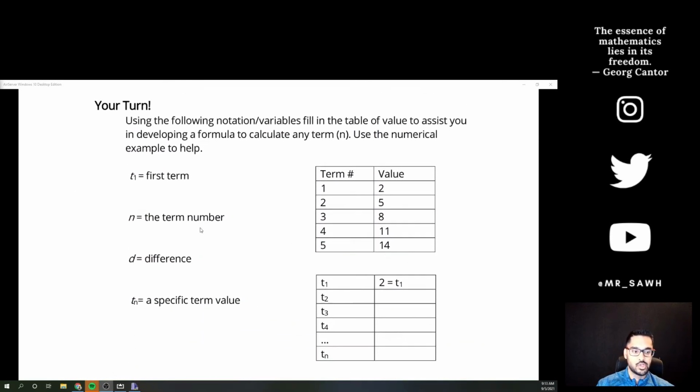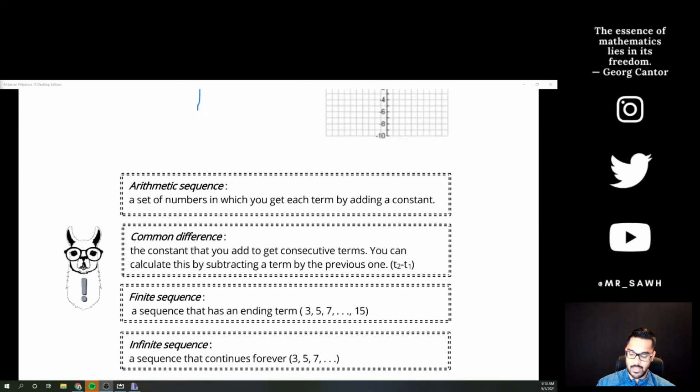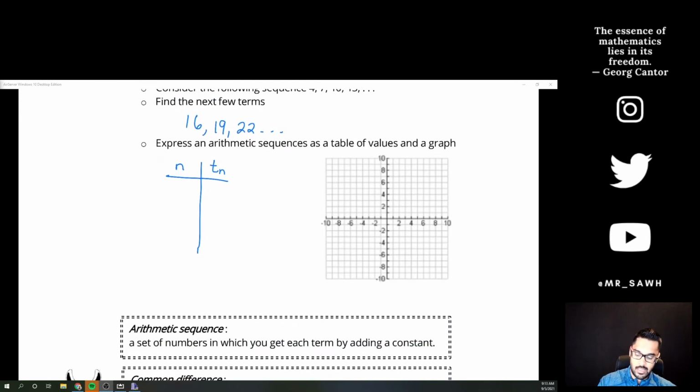So n is going to be our term number, tn a specific term value. That's important to denote that distinction. So let's add that on here. n is a term number, and tn, what we get out of that, is going to be the term's value.